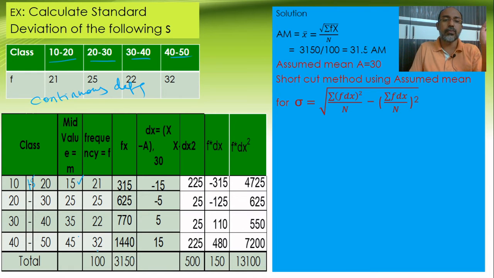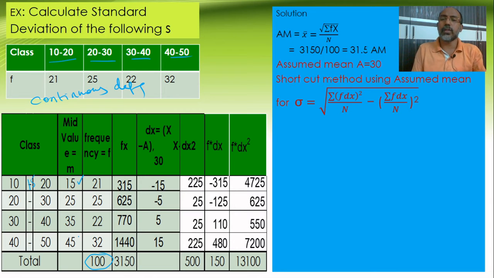How many students is the frequency? 100 students. So 3150 divided by 100 is equal to 31.5. But I have not used 31.5. I used 30. You can take 35 or 40, there is no problem.